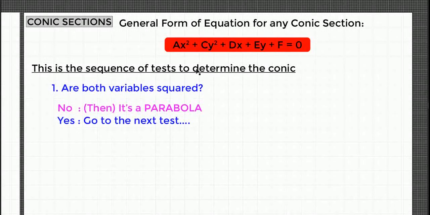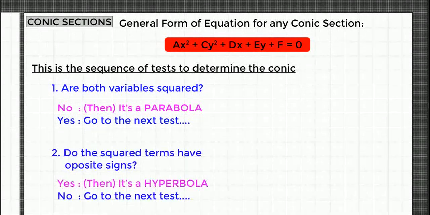If only one variable is squared, then it's definitely the equation of a parabola. If both the variables are squared, then you have to go to the next question.